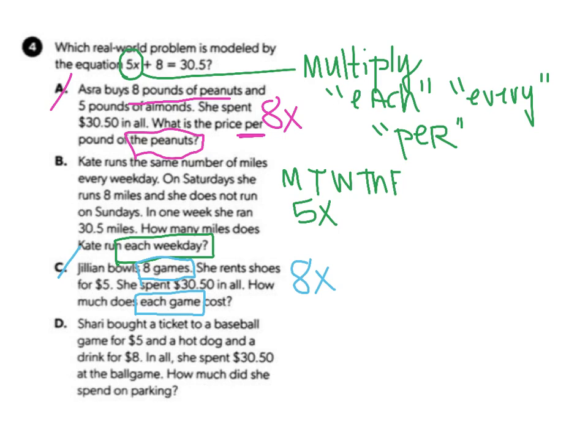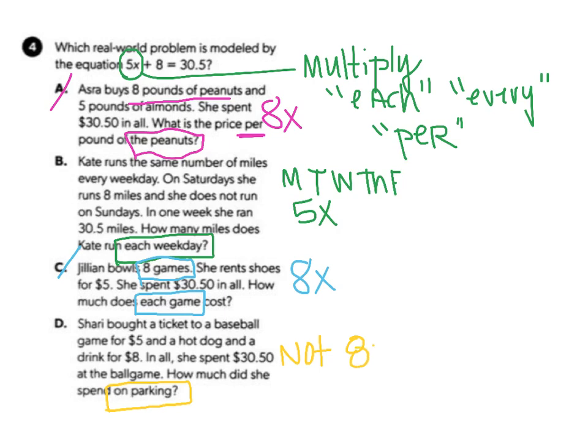The last answer choice says, Sherry bought a ticket to a baseball game for $5 and a hot dog and a drink for $8. In all, she spent $30.50 at the ball game. How much did she spend on parking? So since this one is saying how much did she spend on parking, it's not multiplying with a 5 or 8.